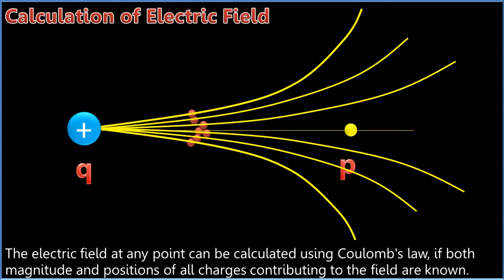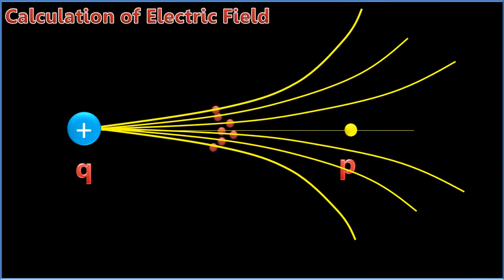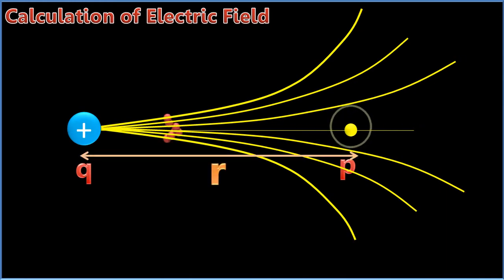To find the magnitude of the electric field at a point P at a distance r from the point charge Q, we imagine a test charge Q dash to be placed at P. Now we find the force on charge Q dash due to Q through Coulomb's law.